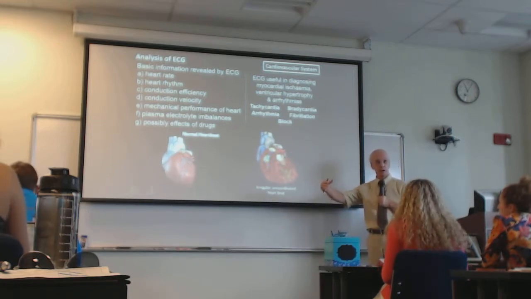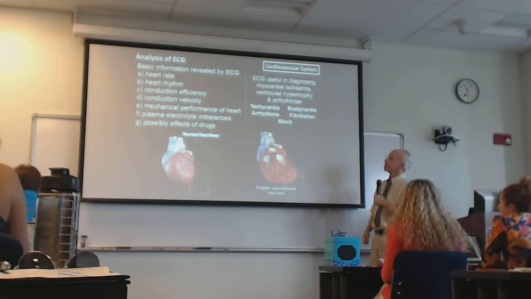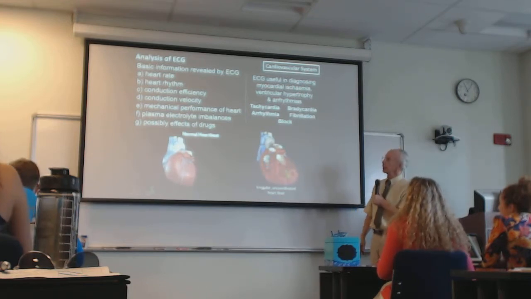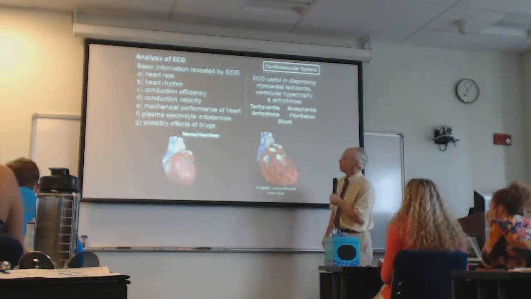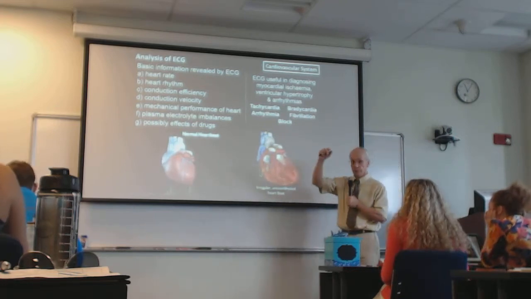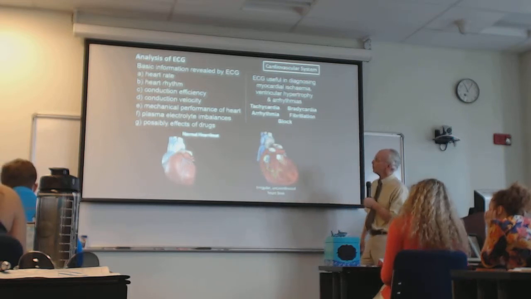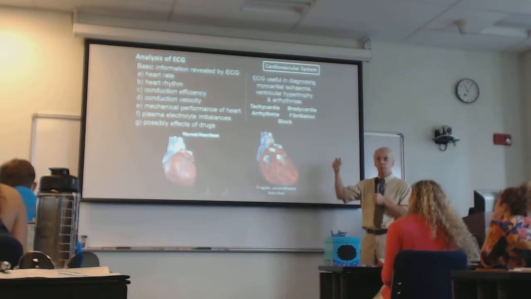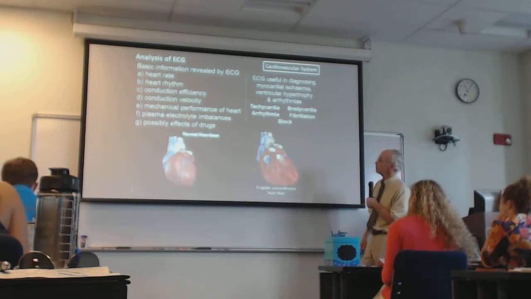Nothing. Think you're dead. But also conduction efficiency, we've talked about dromotropic and chronotropic effects, a lot of things that can affect that. We'll talk about blocks in just a moment. Conduction velocity, velocity is distance over time, and that too would be a function of dromotropic factors.